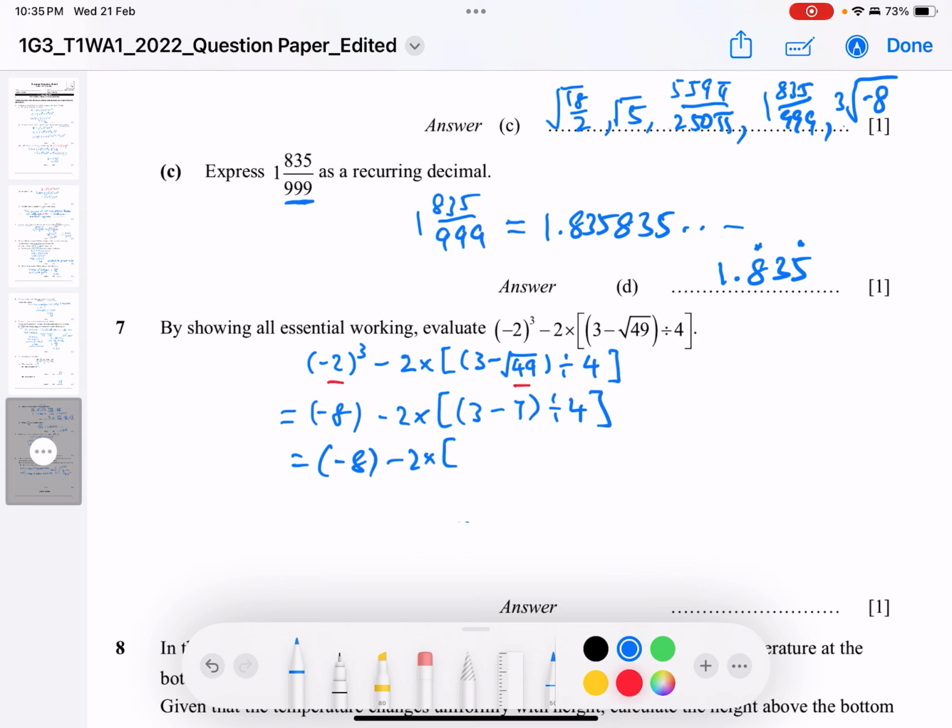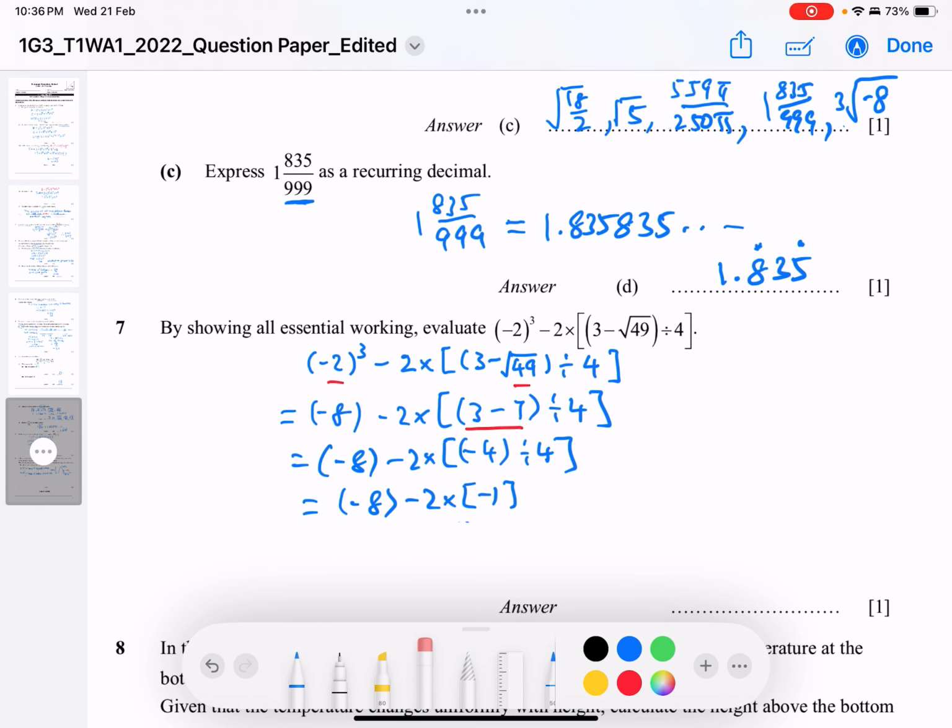The innermost brackets is 3 minus 7, which is negative 4, which we enclose in brackets again, divided by 4. And here the result is negative 1. Enclose in brackets.